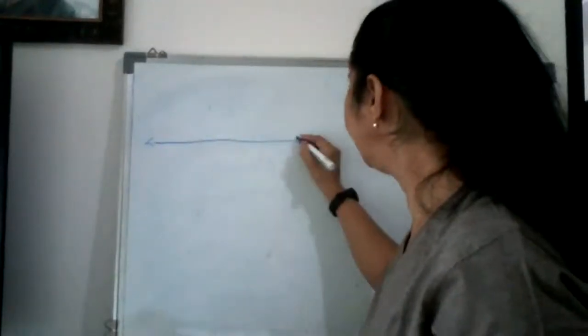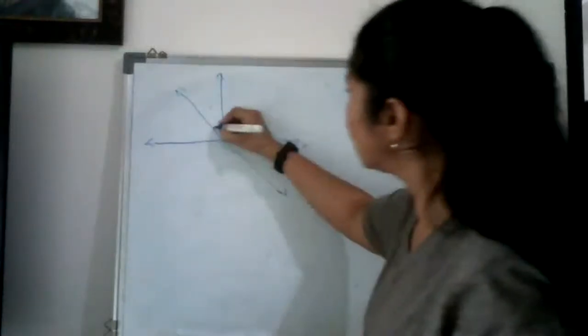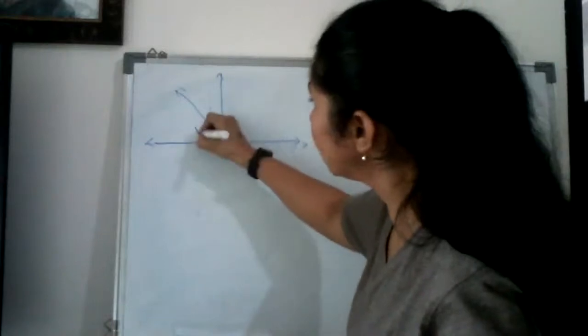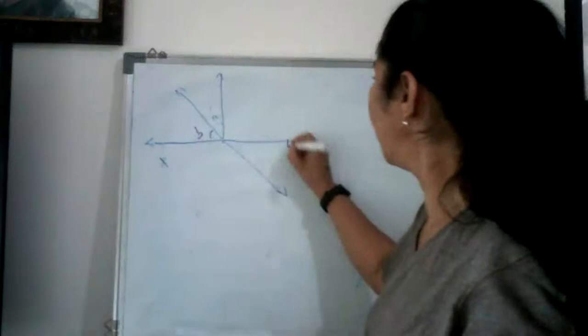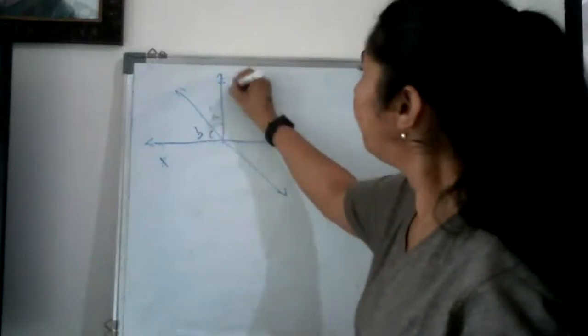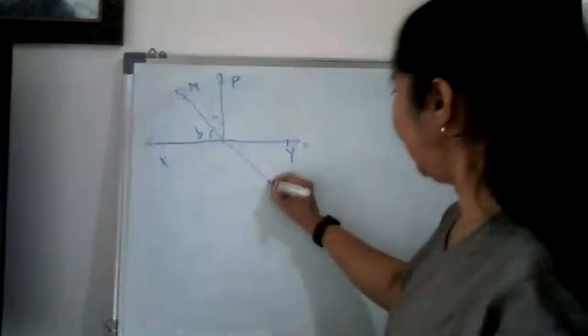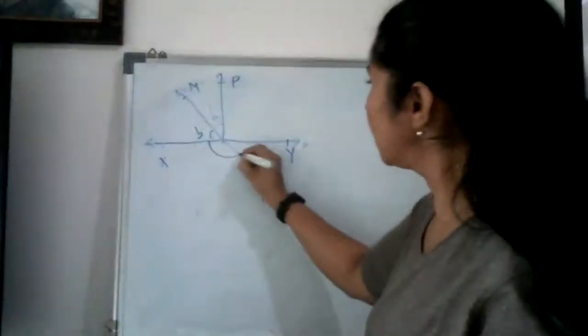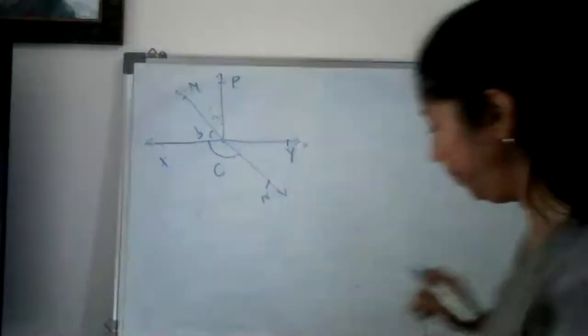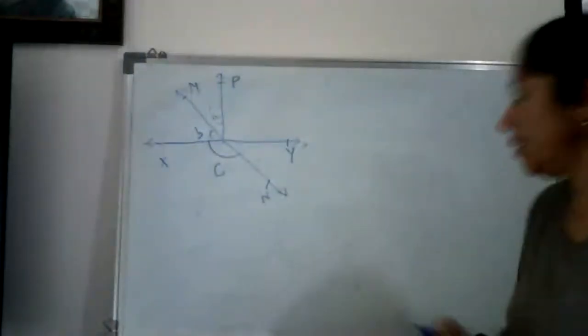Okay, this is 90 degree here, and there is a line that passes through it. Okay, this is A, this is B, and this is named as X, Y, P, M, and N, and you're given this as C. Okay, so now these are intersecting.